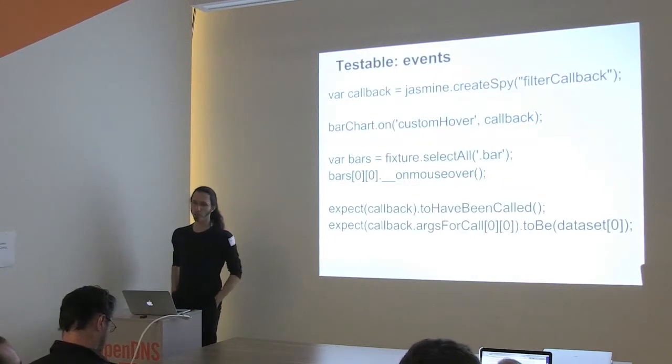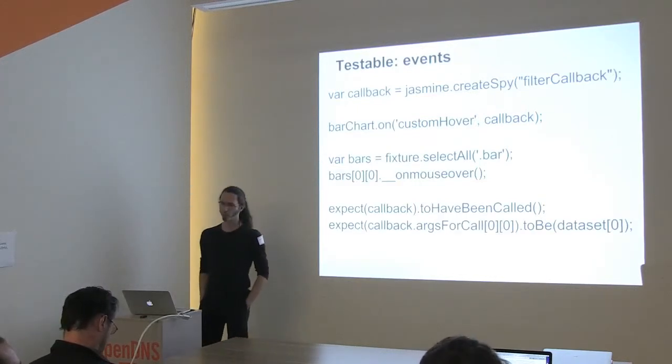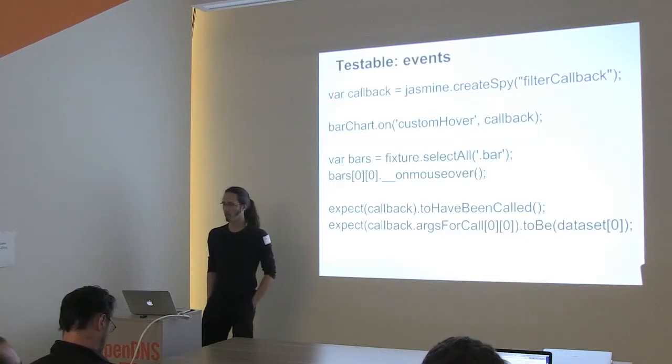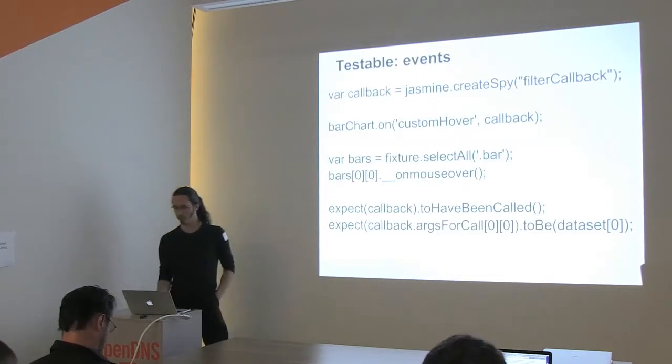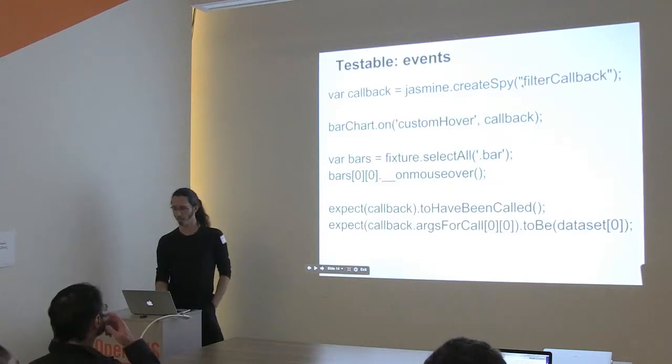So you can use some browser automation, you can use some automatic screenshot tools, but when you just want to test the API, you can use, for example, spies to test the behavior. So here I use Jasmine, and there is a spy that is built in.